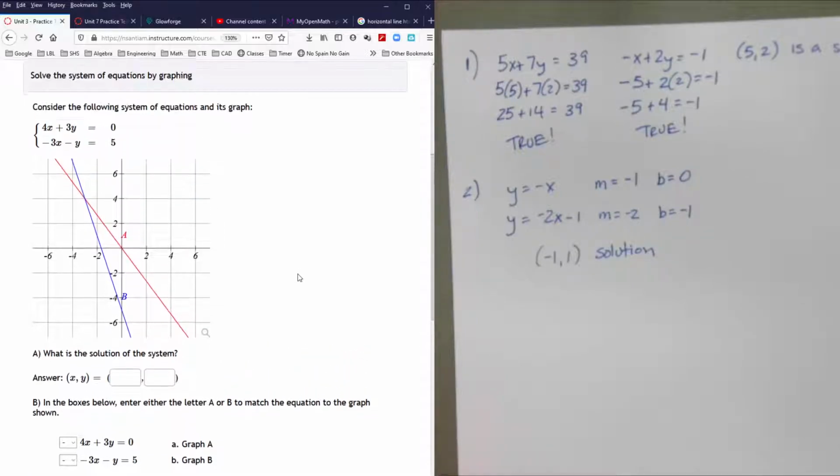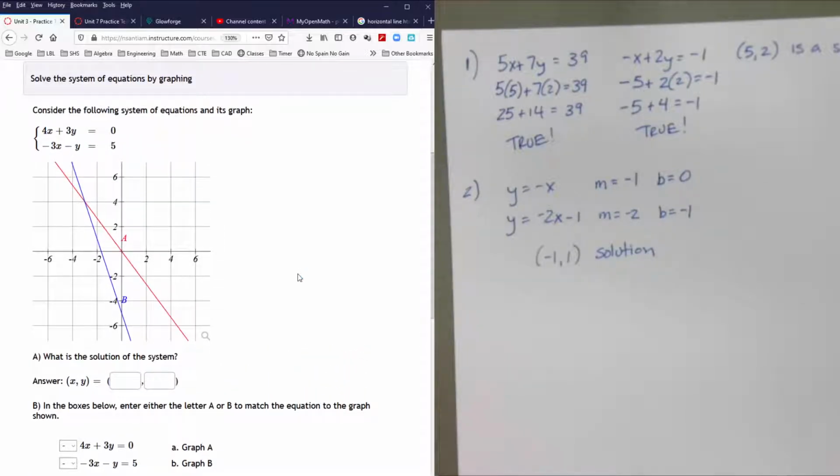So they give us a system of equations here, and there's a couple of parts to this. So first of all, 4x plus 3y equals 0, and then we have 3x minus y equals 5. Okay, and they want to know where the solution to that is.